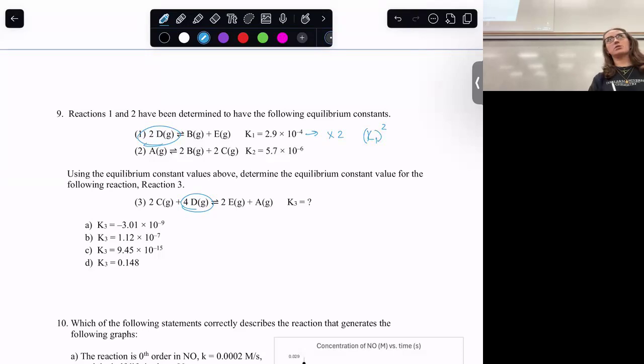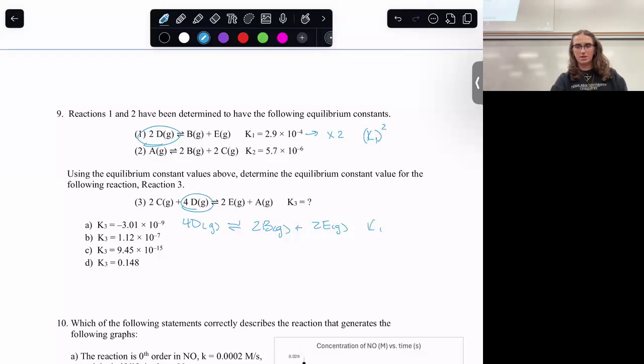Does that fix equation 1? Yeah, we can stop there. So we'll have 4D goes to 2B and 2E, and K1 becomes 8.41 times 10 to the negative 8th.